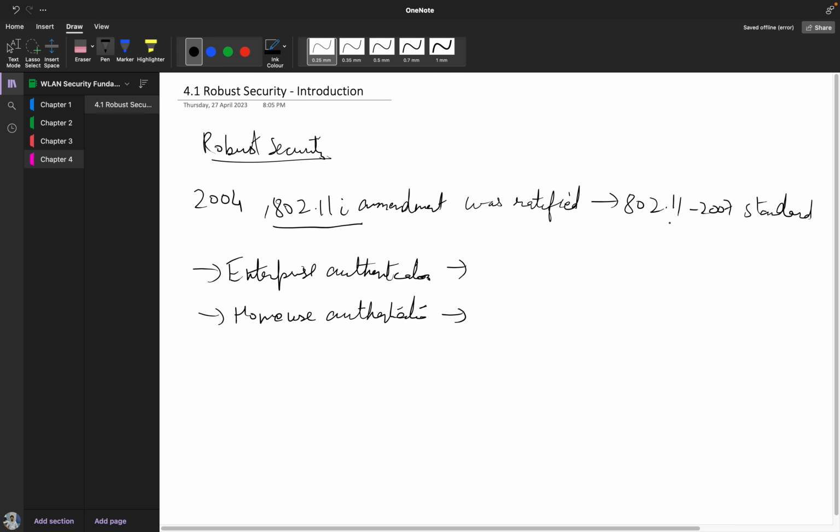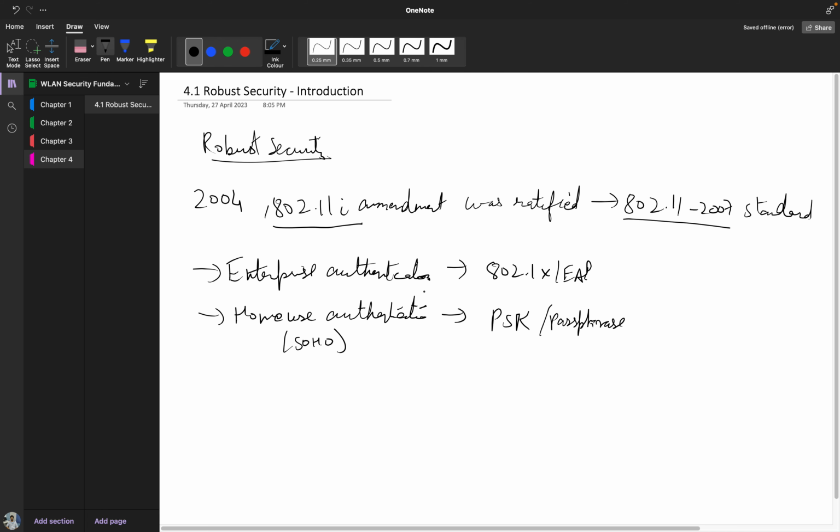Basically, it defines 802.1x or EAP authentication for enterprise, and the less complex pre-shared key, or passphrase authentication, for home or small office, home office, or SOHO. So this standard defines 802.1x for enterprise and PSK for home, right?